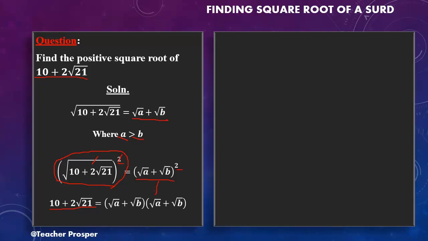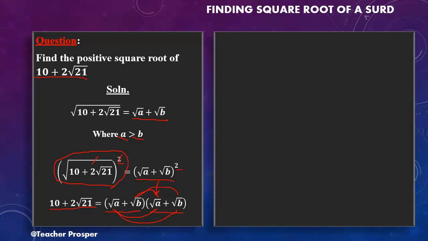And you and I know that when we expand square root of A plus square root of B, all squared, we use the square root of A to multiply the square root of A, the square root of A again to multiply the square root of B. Then we use the square root of B to multiply this one, and use the square root of B to multiply this one too.